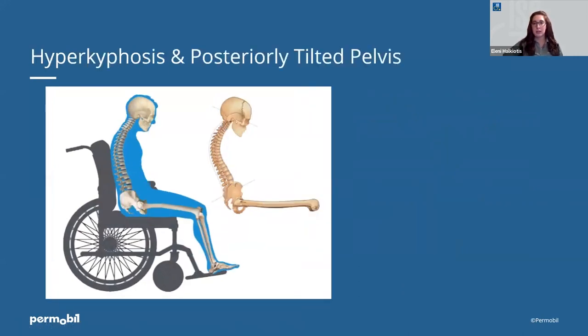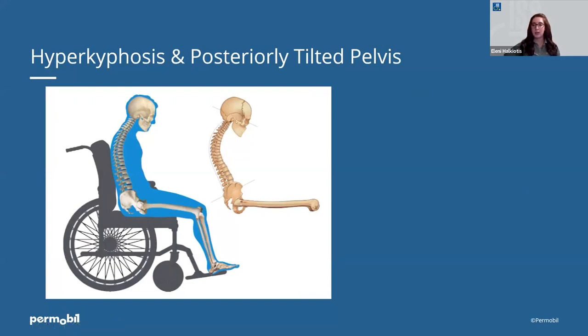But when a client is positioning themselves with a posterior pelvic posture, posterior pelvic tilt, we see the PSIS lower than the ASIS, and now they are also weight bearing on their coccyx and their sacrum, in addition to the ischial tuberosities. This postural asymmetry has worked its way up the chain to flatten the lumbar spine.